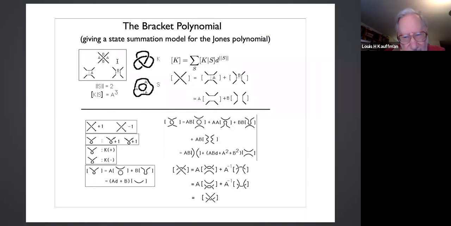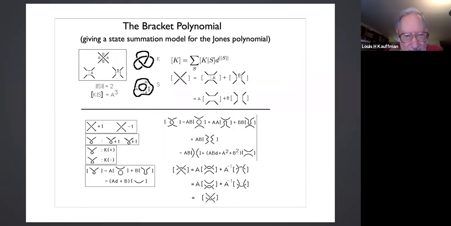And we're going to define a state sum considerably simpler than the Alexander-Conway state sum. In this case, I take and smooth every crossing in the diagram one way or another, in this case 3 A's.